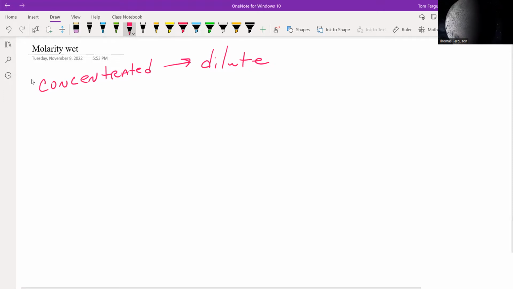Okay, so to do this, it's kind of in 2 parts. Concentrated is in moles per liter, and the dilute is in moles per liter.